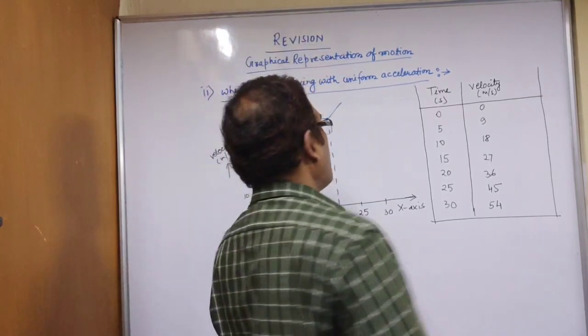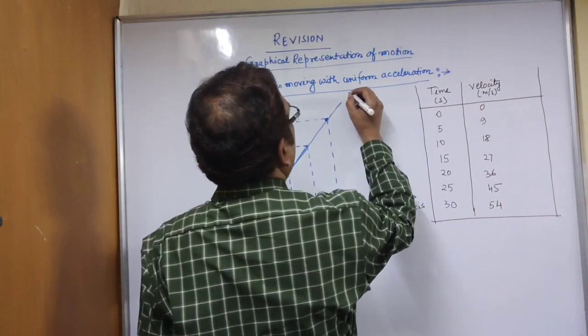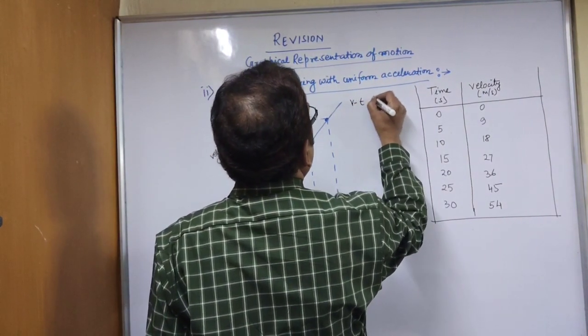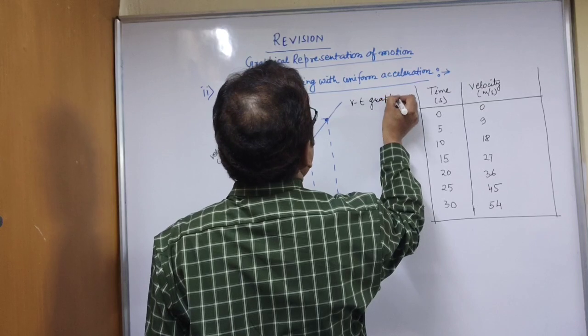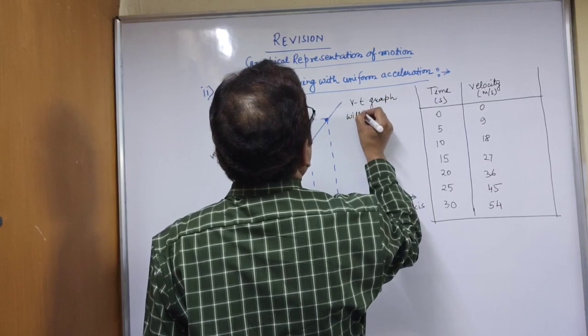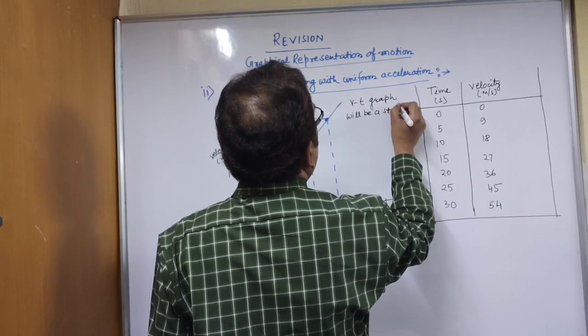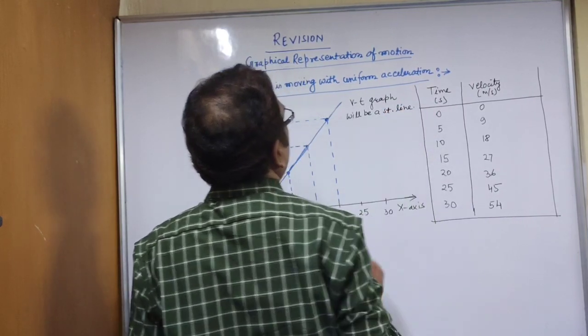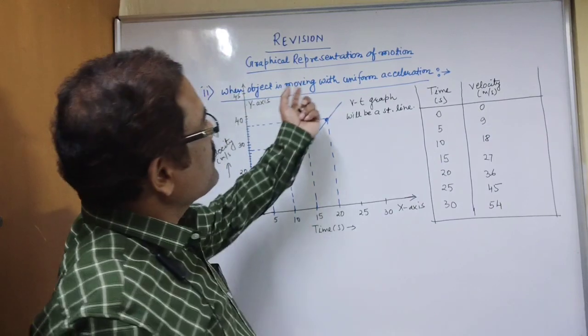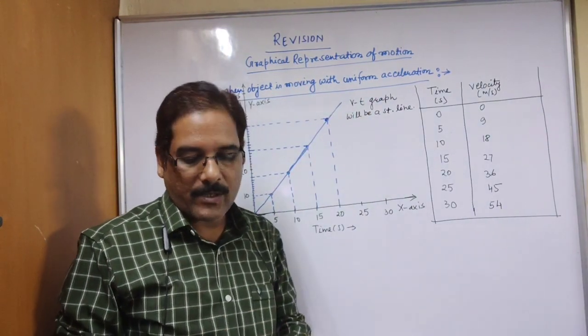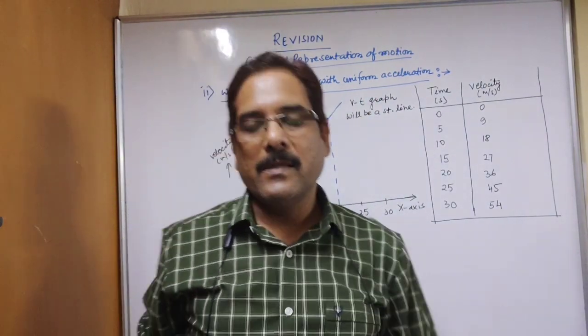So, conclusion is that Vt graph will be a straight line when object is moving with uniform acceleration, when velocity changes uniformly.